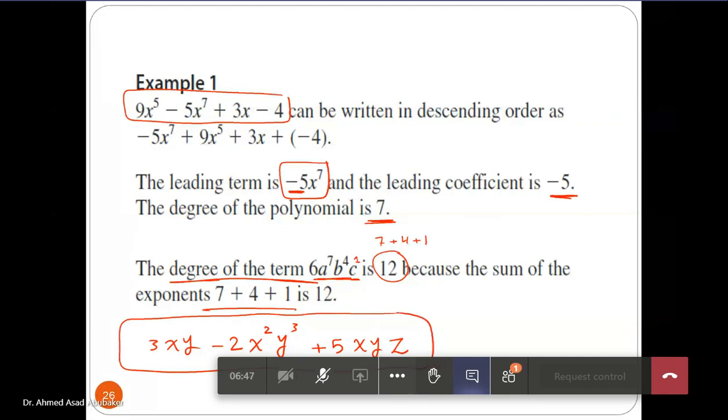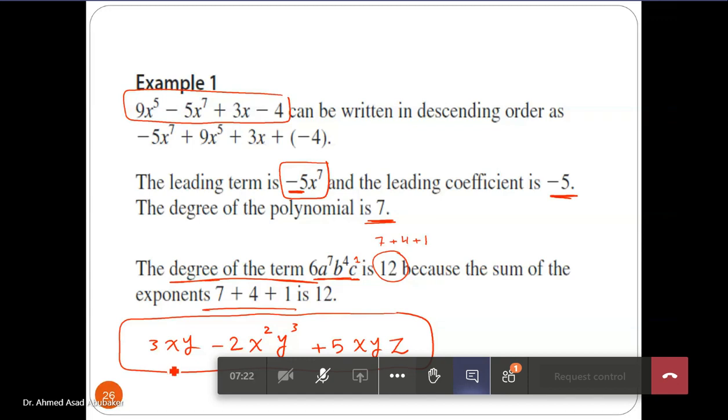So we have the leading term, the degree of polynomial, and the leading coefficient. So the second term, good. The leading term is not necessarily the first term; maybe it is the second or the last. This depends on the degree of the terms.